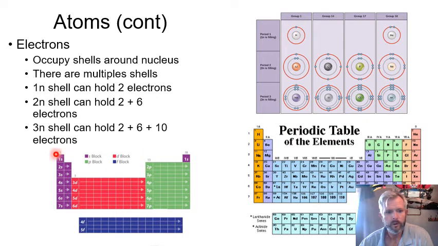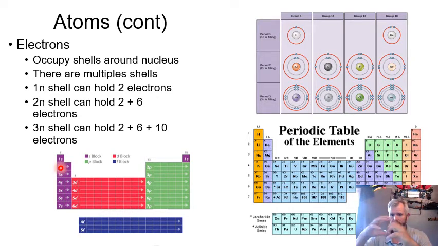What I said is the s can hold 2 electrons and then it's filled. If we have the third element, what happens? 2 electrons fill the 1s, and then lithium would have 1 electron in the 2s. You can think of them almost as layers of these shells, these orbitals.